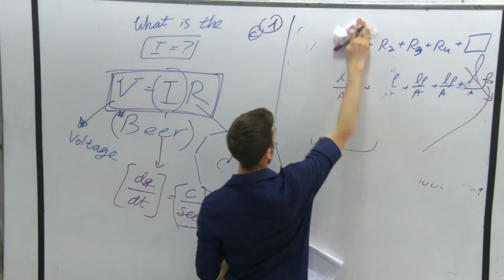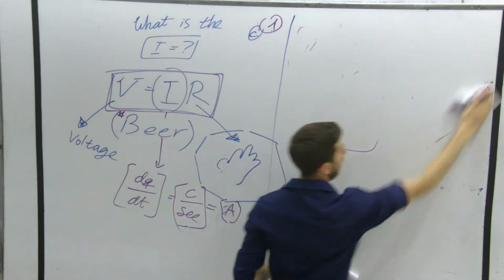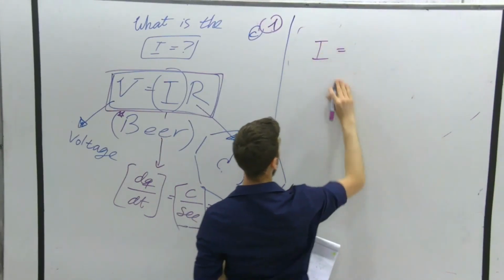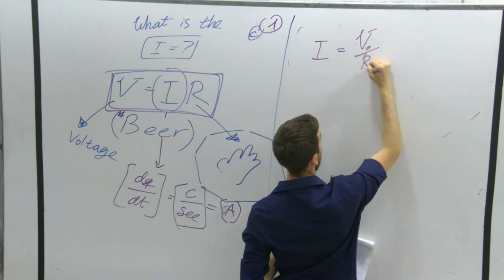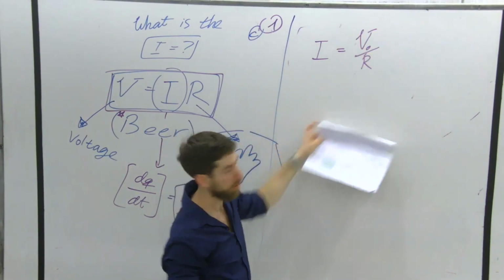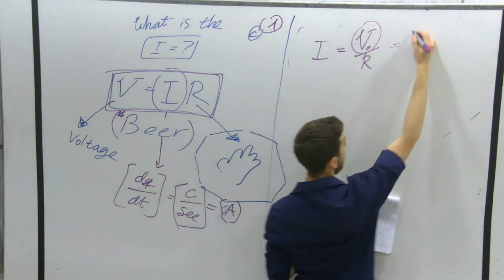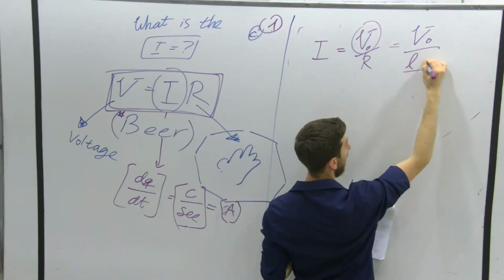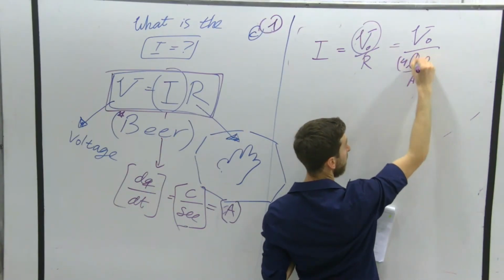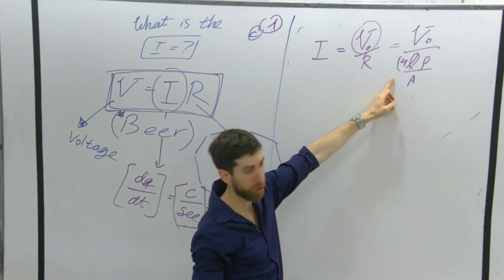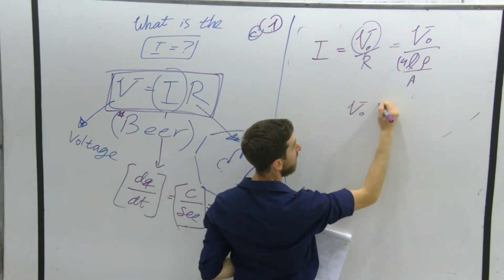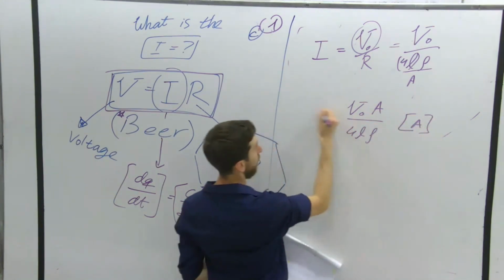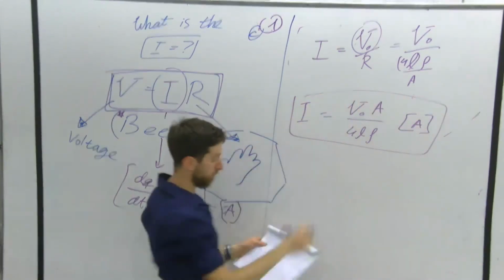If I want to find the current, I equal V divided by R. Okay, so V is given, and R we just found: 4 times the length over rho A, since we have 4 resistors which are the same. And this unit is ampere. So we just found the current.